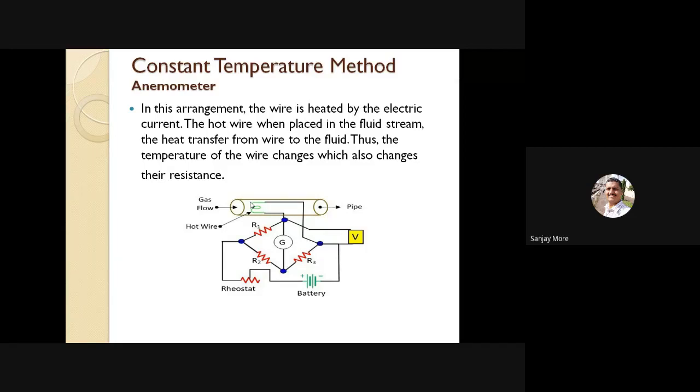Thus, the temperature of the wire changes, which also changes its resistance.